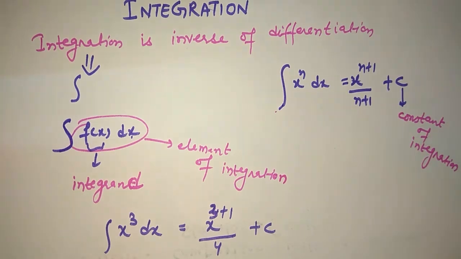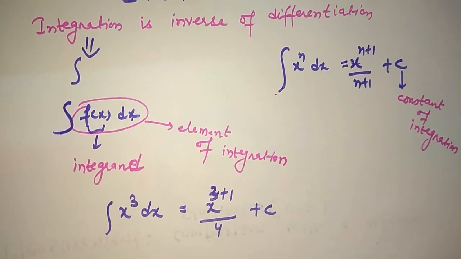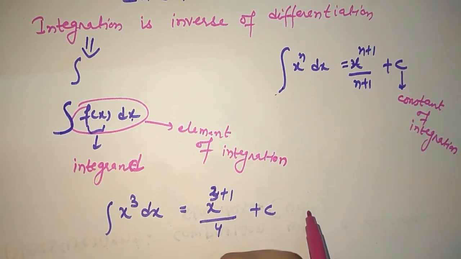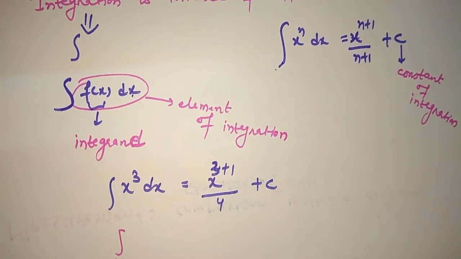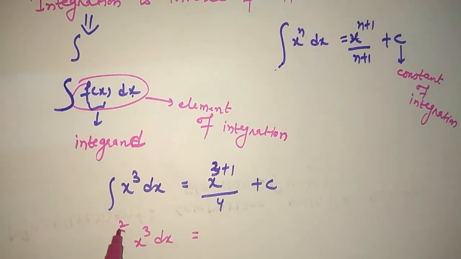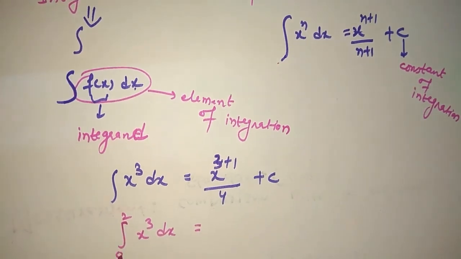This is called the integration. Now, if I write here limits, that is, from 0 to 2, find the integration of x cube dx. Then 0 is the lower limit, 2 is the upper limit.